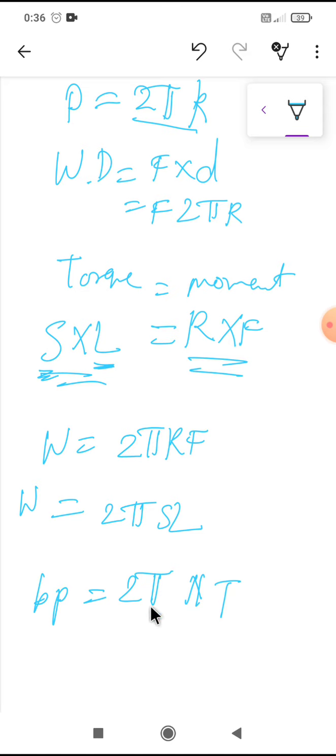Here T is S into L, so this torque is T. And N, if we are taking this brake power in terms of RPM, then N is in RPM, and BP will be 2 pi NT in watts. So this is the basic principle of a dynamometer.